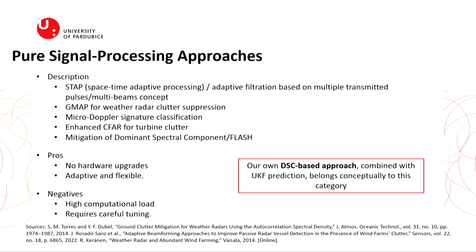Then there are pure signal processing approaches. The first one is STAP, space-time adaptive processing. It is a very promising method. It is adaptive filtration based on multiple transmitted pulses and a multi-beam concept. It is a really modern method, but I must say it has a very high computational load. It is very complex and hard to design.